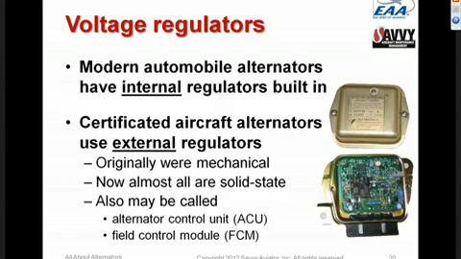Sometimes the regulator is called by a different name. It may be called an alternator control unit. It may be called a field control module. But regardless of what it's called, it basically does the same thing. It watches the output voltage of the alternator and varies the field current to try to hold that output voltage constant. It's a pretty simple device.